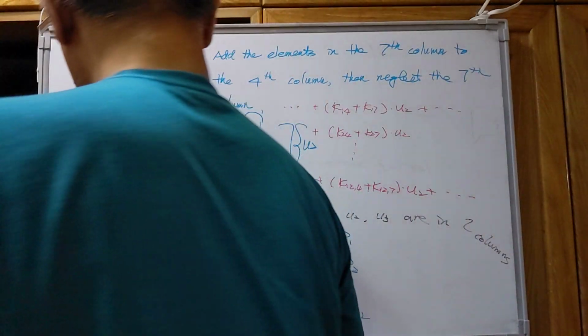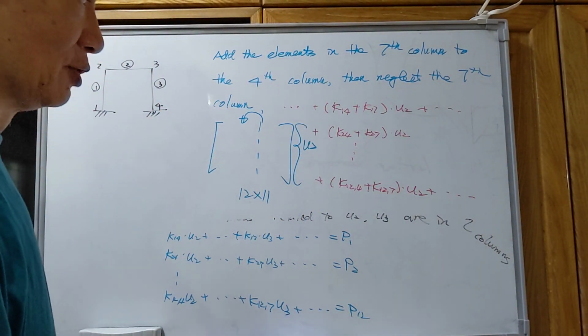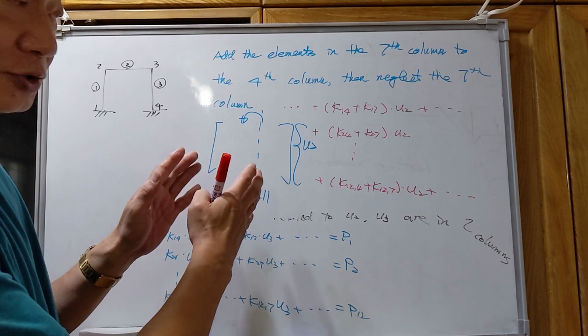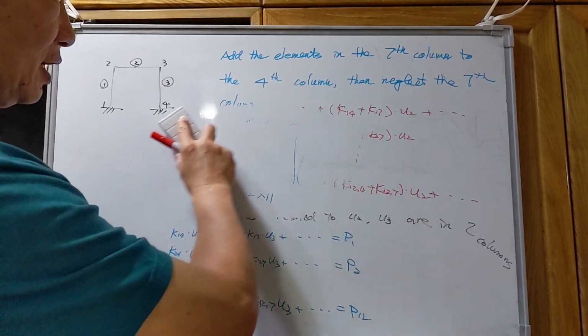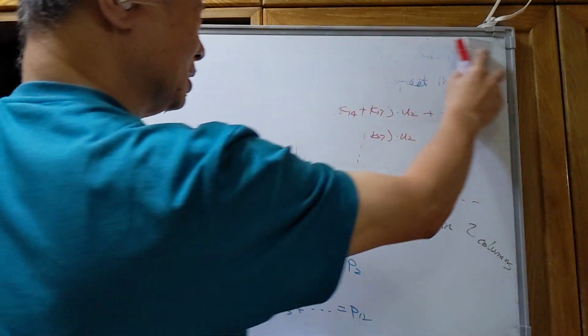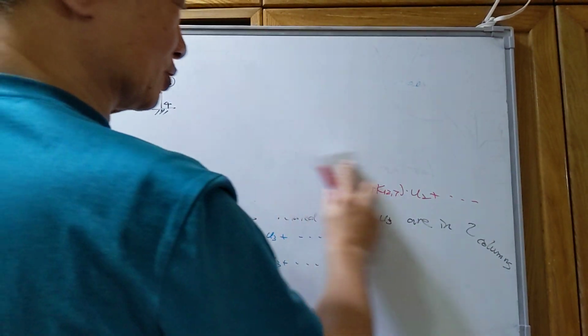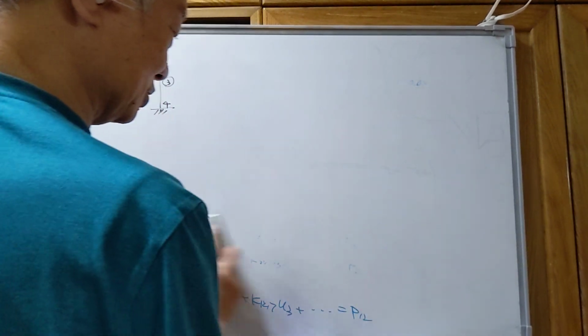So it means that we can reduce the number of columns. Originally we got 12 columns, but now we can consider only the 11 columns of the stiffness matrix.